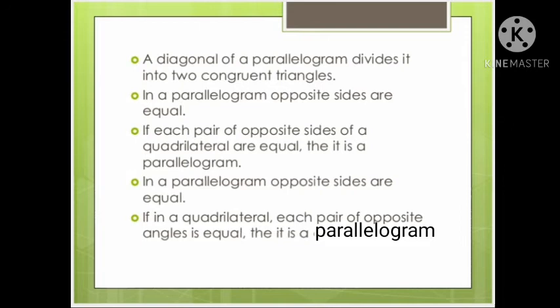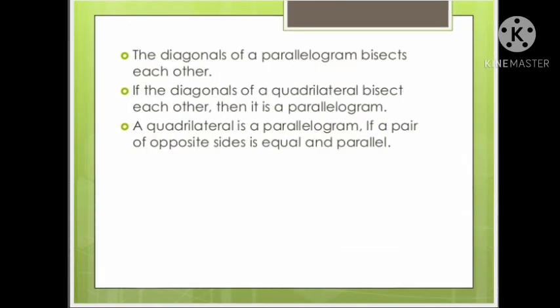In a parallelogram, opposite sides are equal. If in a quadrilateral each pair of opposite angles is equal, then it is a parallelogram. The diagonals of a parallelogram bisect each other. If the diagonals of a quadrilateral bisect each other, then it is a parallelogram. A quadrilateral is a parallelogram if a pair of opposite sides is equal and parallel.